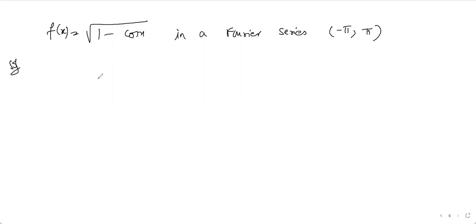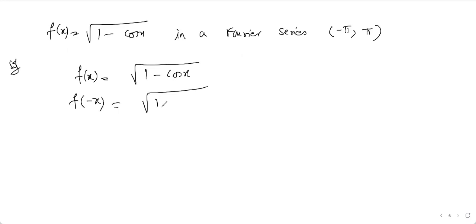Now let us check whether it is an even function or an odd function. Given the function f of x equals root of 1 minus cos x, f of minus x is square root of 1 minus cos of minus x, which is again 1 minus cos x. Again, this is the function f of x.